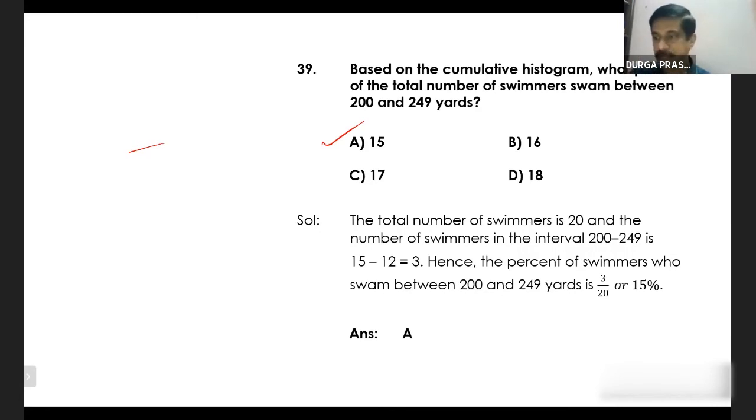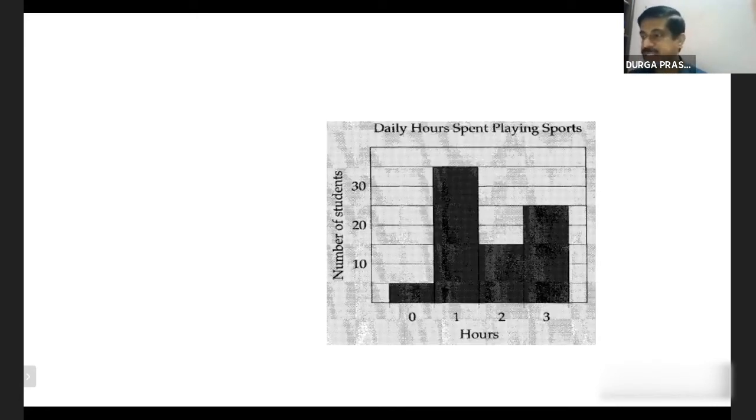Okay. Let's go to the next question. This is the graph which is given. This is the hours spent and the number of students. For 0 hours, it is 5. 1 hour, it is 35. 2 hours, it is 15. 3 hours, it is 25.